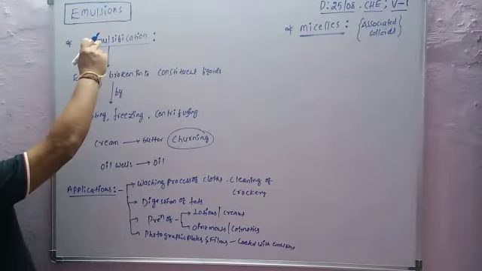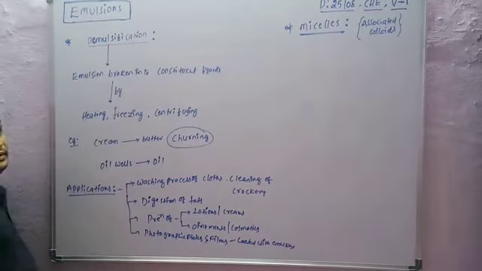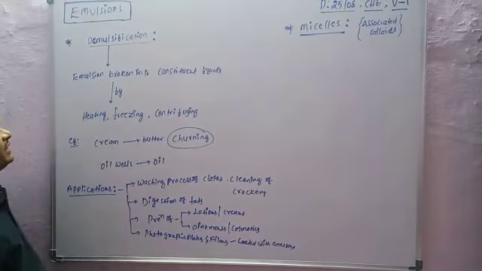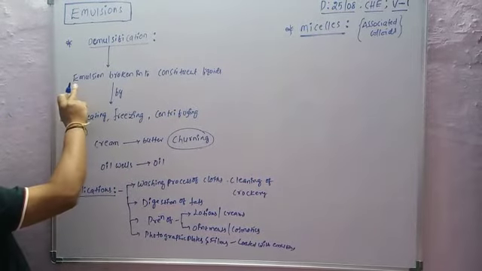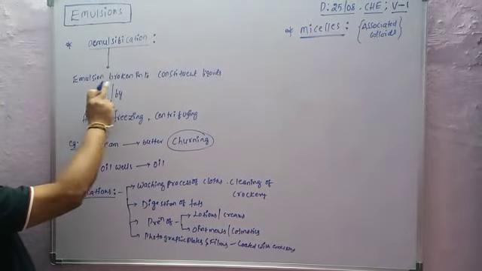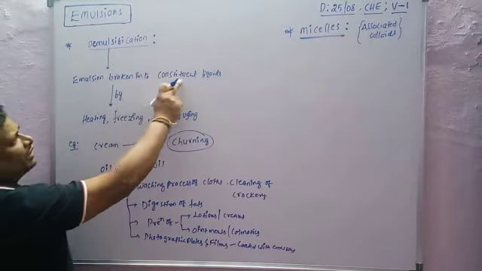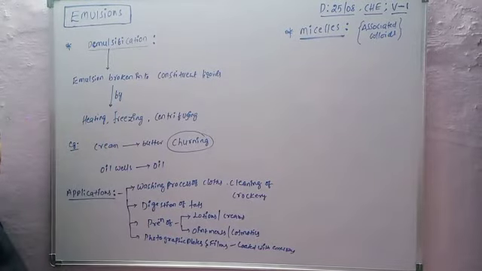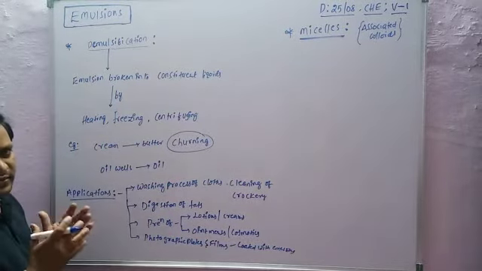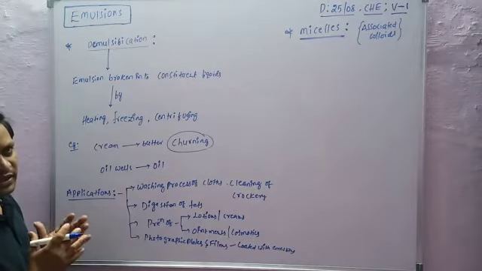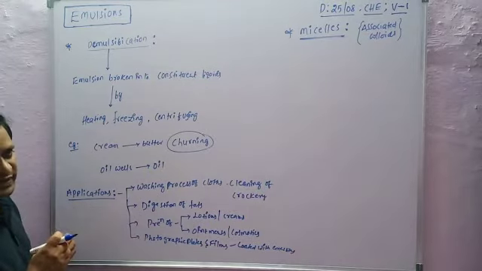So next one is de-emulsification. What is de-emulsification? De-emulsification means an emulsion is broken into its constituent liquids. An emulsion is a mixture of two liquids.